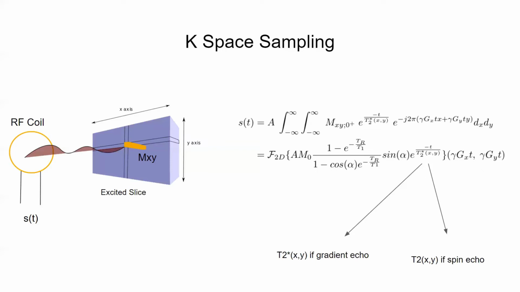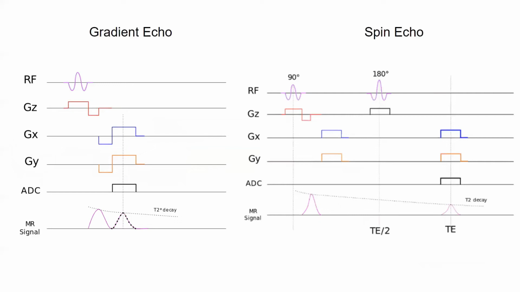The T2 and T2 star are selected based on the echo mechanism that you use to generate echoes. If gradient echo is used, then we use T2 star here, and if spin echo is used, then we use the directed T2 values. And there's a nice illustration of why this is the case. If gradient echo is used, we start to sample right after the first RF pulse, and the dominant decay is T2 star.